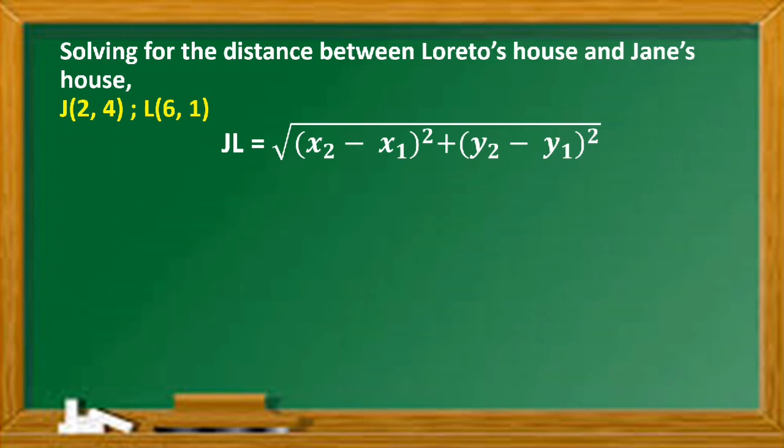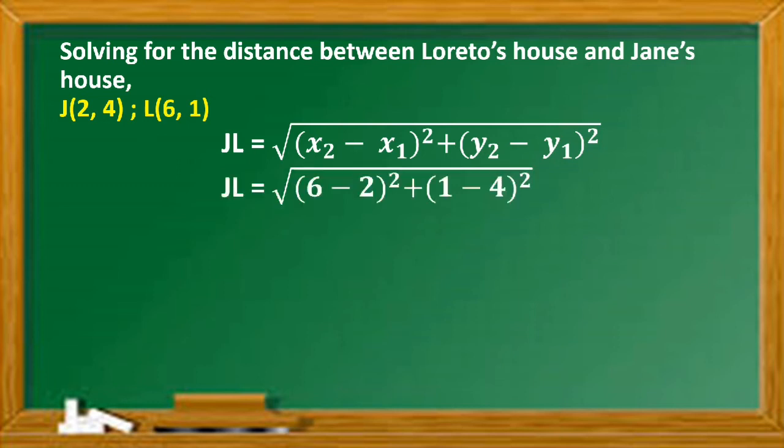the quantity x sub 2 minus x sub 1 squared plus the quantity y sub 2 minus y sub 1 squared. JL equals the square root of 6 minus 2 squared plus the quantity 1 minus 4 squared. So JL equals the square root of 4 squared plus negative 3 squared.